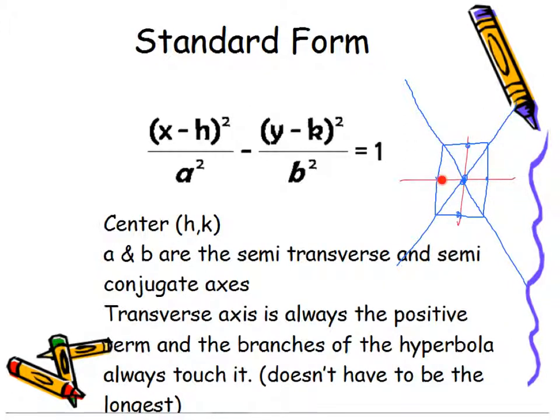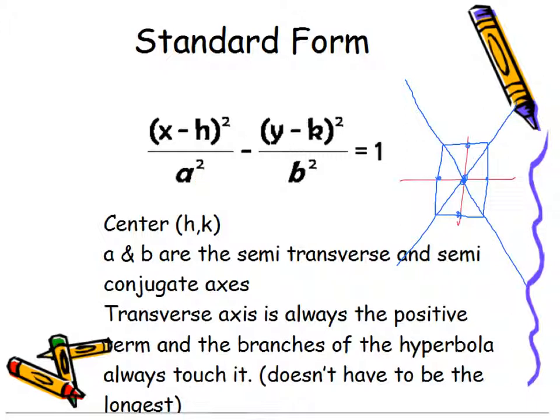Notice it's not necessarily the longest one. Could be, doesn't have to be. It's just the one that comes from the positive term. So this is my transverse axis. This is what we call the conjugate axis. Whichever one is the positive term tells you how to open the hyperbola.